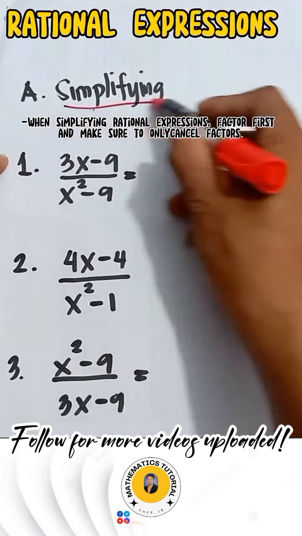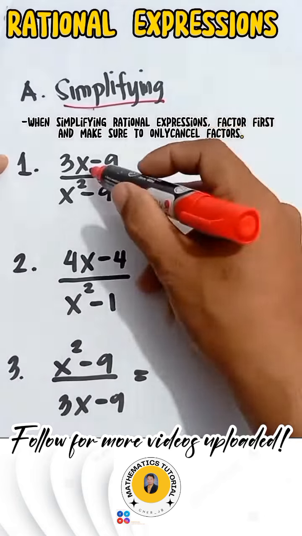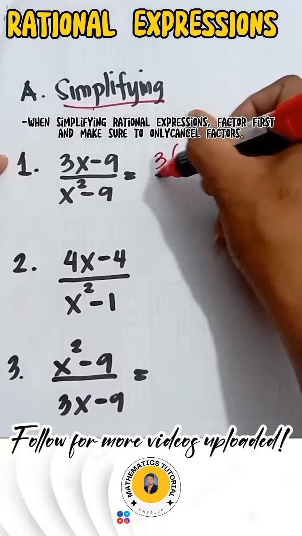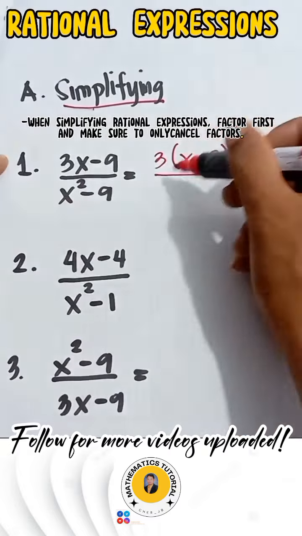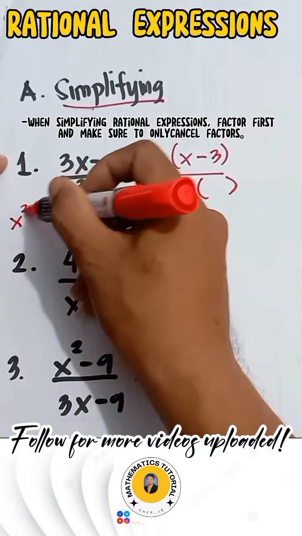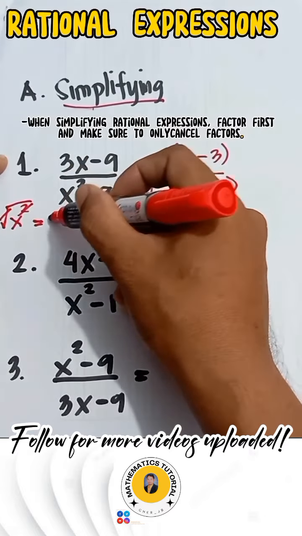So we're going to solve the rational expression. So we have 3 times x minus 3 over, so the factor of x squared minus 9 is, we have x squared. So the square root of x squared, so we have x.